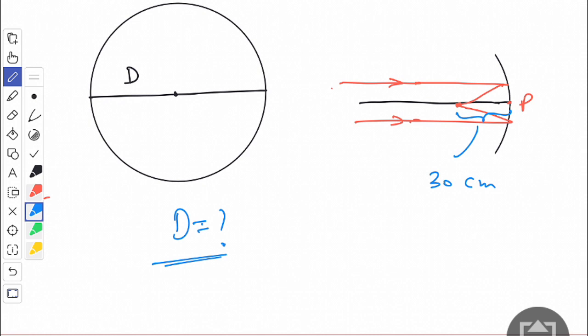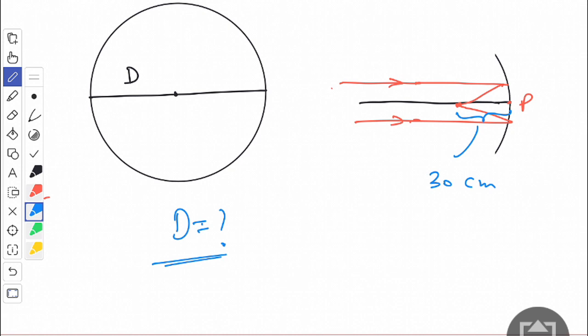D is equal to 120. 120 what units? Millimeters, centimeters? Molly is asking, is it 120? The answer is yes, it is 120. 120 centimeters. Excellent. So how do we get that?